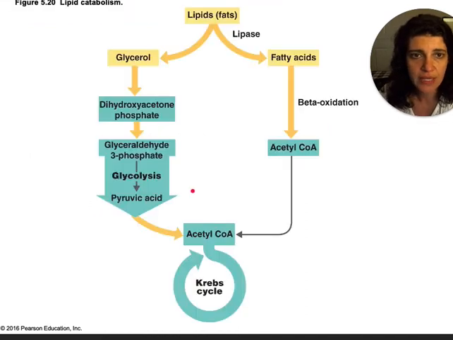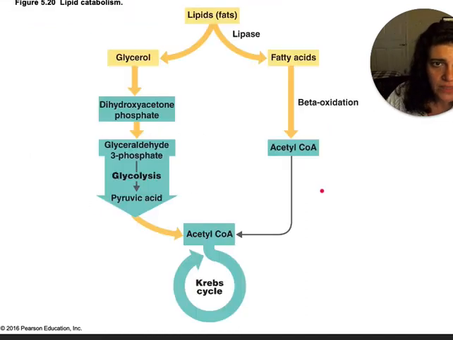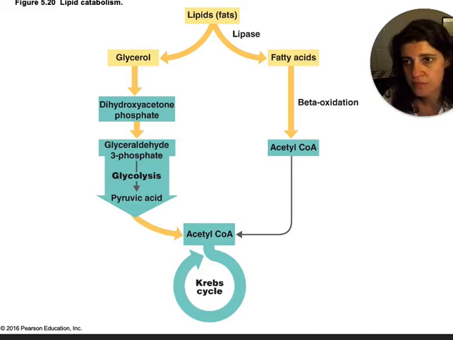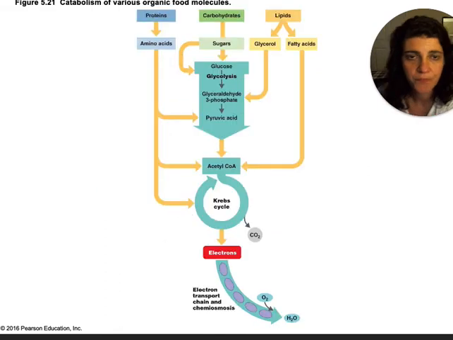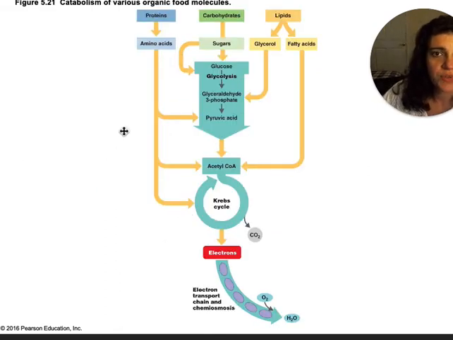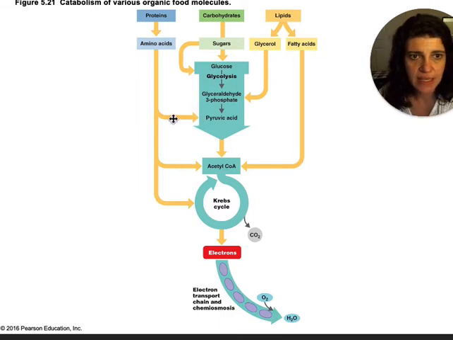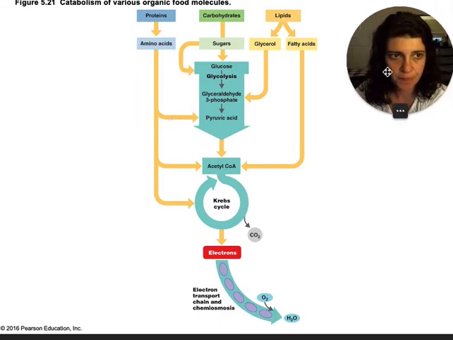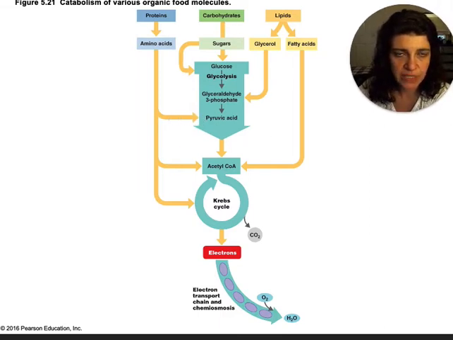If you look at this, that's not what I wanted to show you. Hold on. So there are different places in the cellular respiration process where amino acids can be transformed into molecules that are part of this metabolic path.